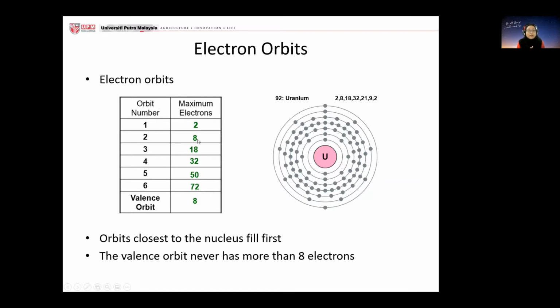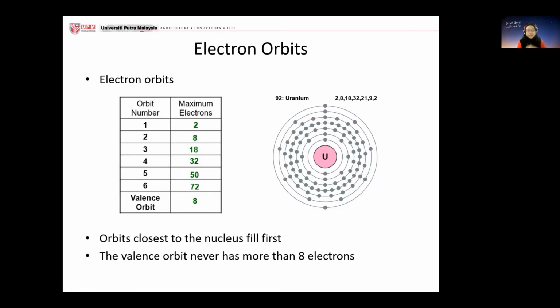If we have something like uranium, which is 92, you're going to have something complex like this. But imagine hydrogen, for example, you only have 1 ring. That follows according to what atom you're looking at.